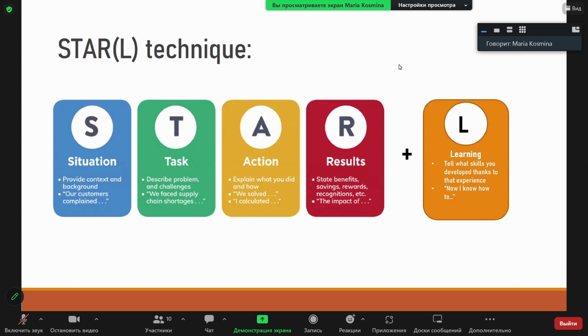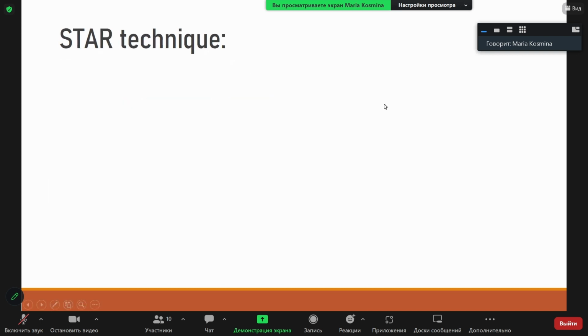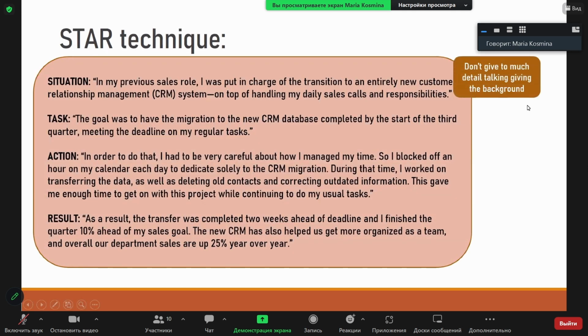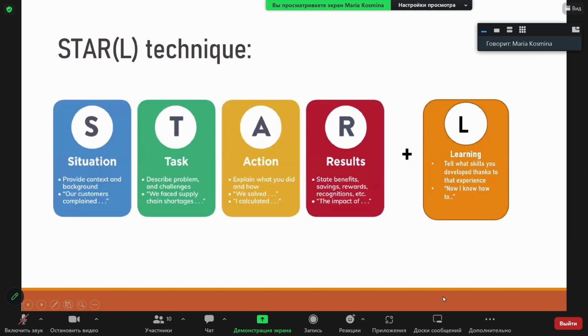So basically, the STAR technique is an interview answer technique where you follow a specific order. You split the story into 4 different sections, and you provide a case as an answer.